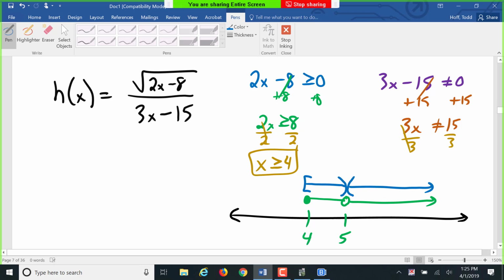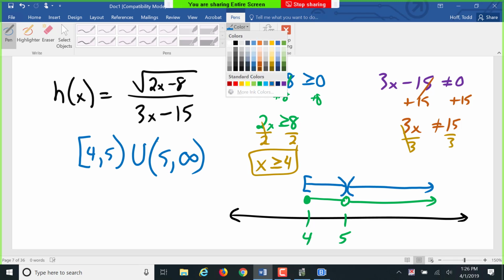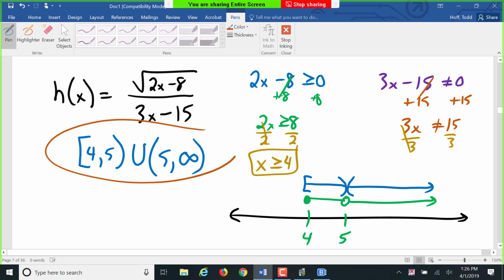So in interval notation, this would be 4 to 5 combined with 5 to infinity. Did anybody come up with that? Close. Does it all make sense?